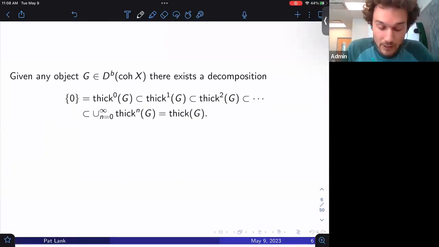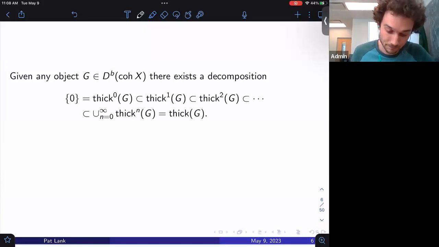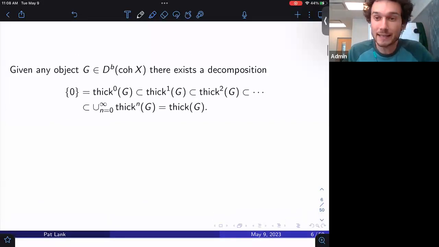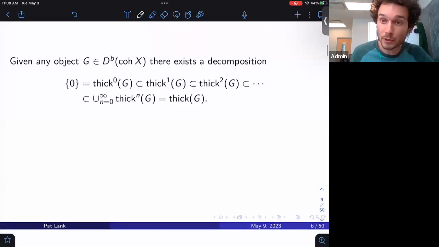So if I take all the thick n that are defined, and I look at their union, that's going to be equal to the smallest thick subcategory of my object. Again, this n is keeping track of the number of cones, shifts, and direct summands, in some sense, to build your objects, which is what we're getting to. Any questions so far? Okay.